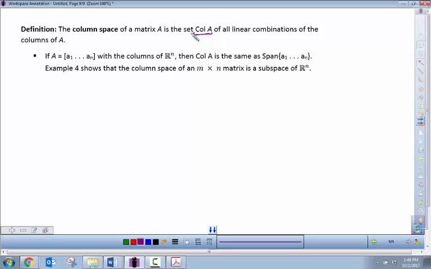If you have an m by n matrix, the column space is a subspace of Rm.